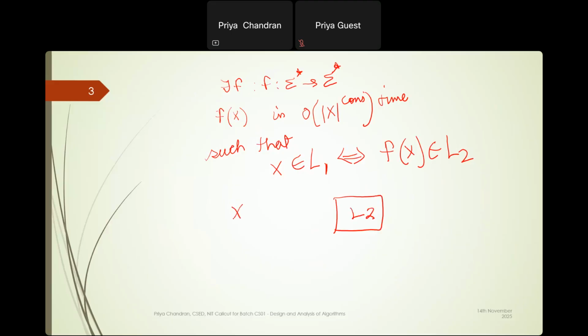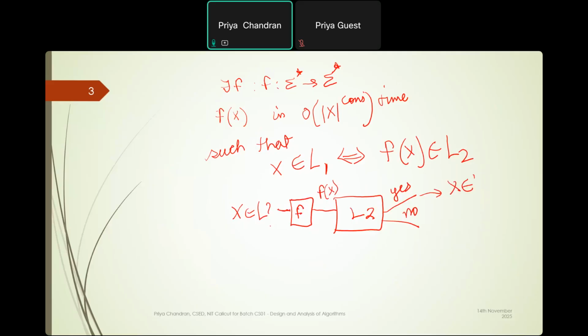So x, if it is input, what we want to know is whether x belongs to L1 or not. So we would be giving x to this computational device, the function f, which would be converting it into f(x), and f(x) would be giving an answer yes or no, and this answer is the same as the answer to whether x belongs to L1.